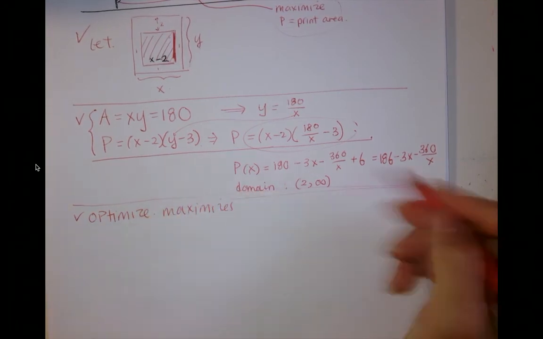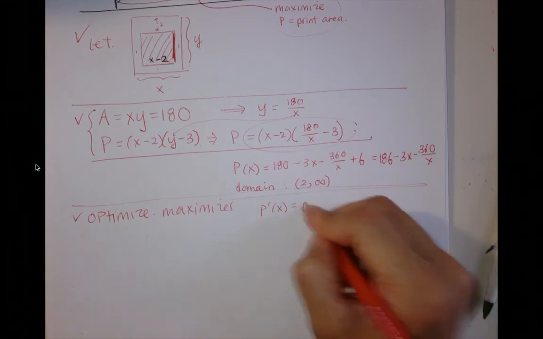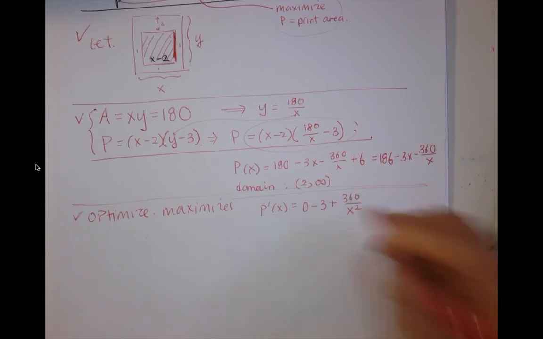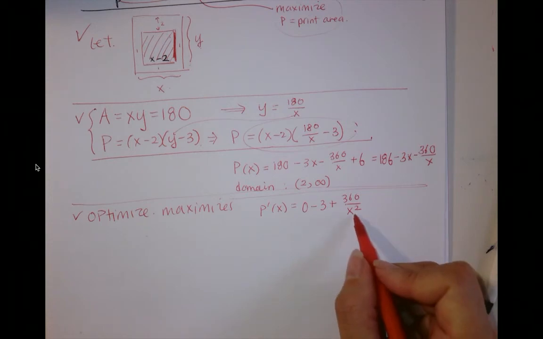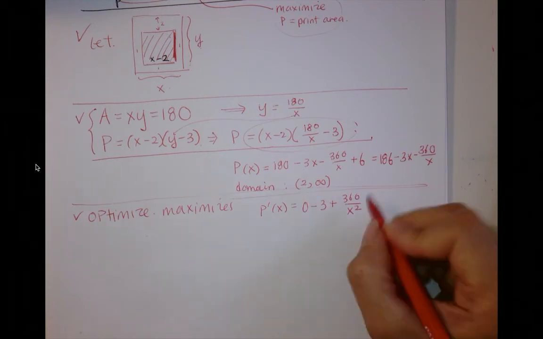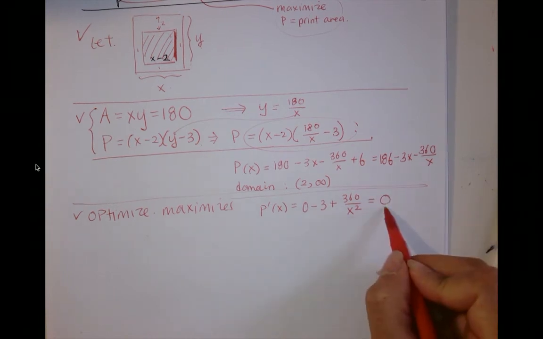So I do the same as always. I take the derivative, and I get 0 minus 3 plus 360 over x squared. So I want to find the critical numbers of this function. It's undefined if x is 0, but that's not in my domain, so I ignore it. And then now I'm going to try to figure out when this is equal to 0.